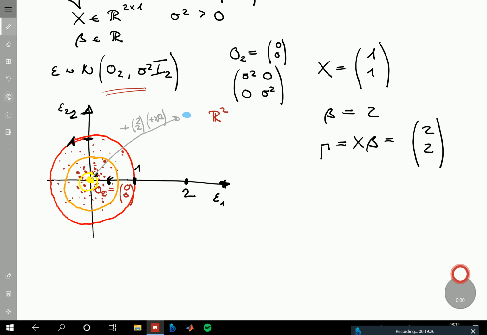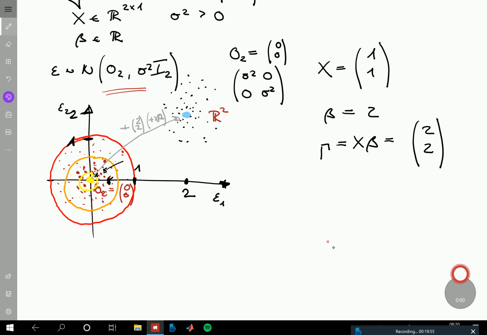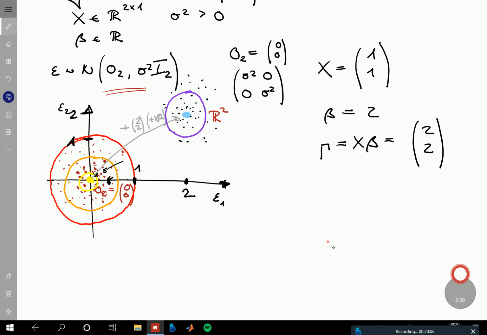I'm obviously not doing it for the samples one to one, but just pretending it's the same samples. You add 2, 2 to all of these samples, so you move all of them up there, and accordingly you also have the density over the data located up here, something like this.